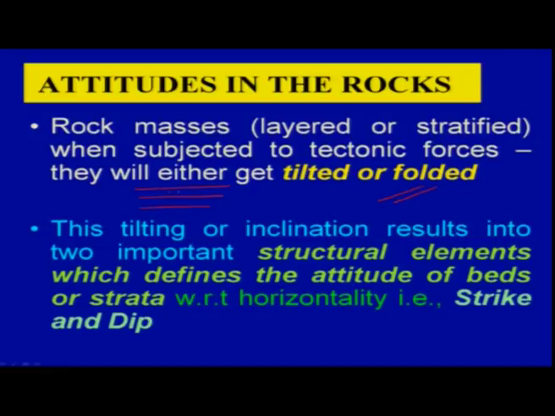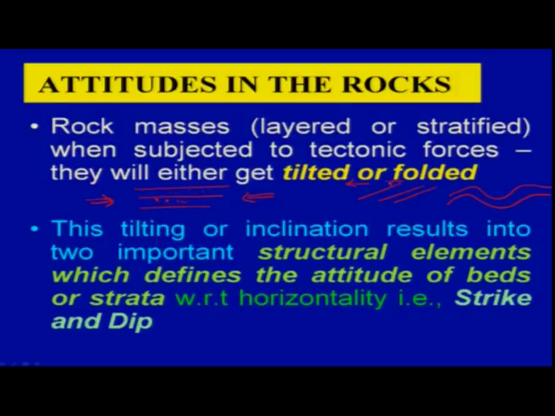So, when subjected to deformation by the tectonic forces, they will either be tilted or folded. When they are tilted, they have a direction in which they tilt, and again they have the amount of tilt, that is the angle at which they are tilted. That is all the information we will talk about in this lecture.